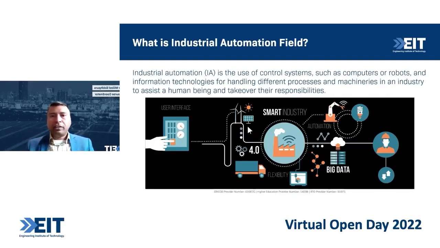So the chip industry and any beverage industry are like that. There is minimum human intervention, and that type of autonomous industry is called a smart industry, and they come under the field called industrial automation.